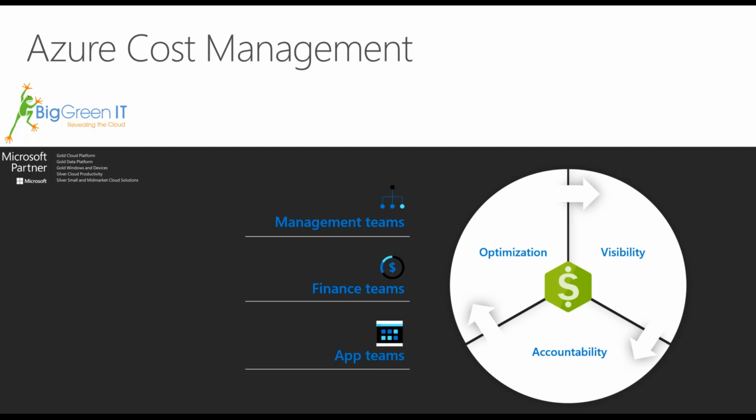And then application teams, if you're building your own apps, whether you've been doing it for a long time with legacy applications or you're just starting to get into application development now, your app teams can use Azure Cost Management to see how applications perform and what they cost when they're written different ways. You can take an old virtual machine and just stick it up into Azure and run it with the app on it the way we've always done it, and that'll have a certain amount of cost associated with it.